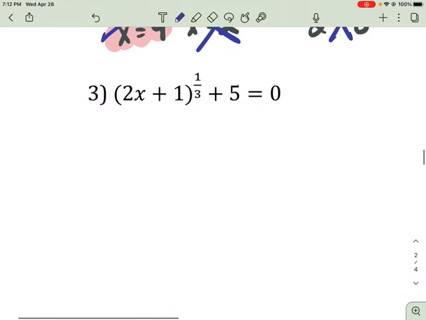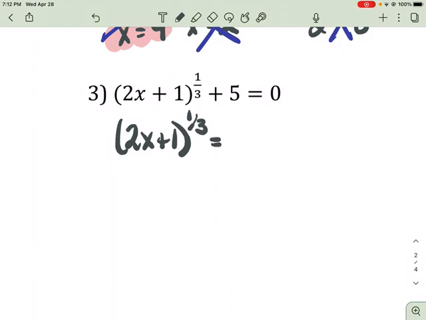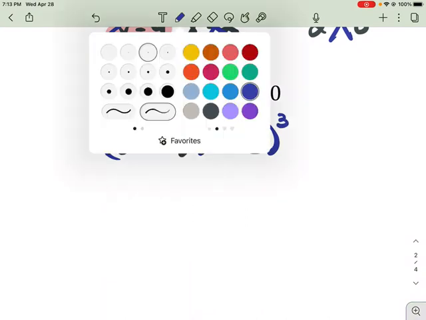But before I do that, I got a little ahead of myself here. I'm going to subtract 5, so the 1/3 power equals negative 5. Now, we don't have to worry about the negative with a cube, because you can take the cube root of a negative number. A negative can be an answer.